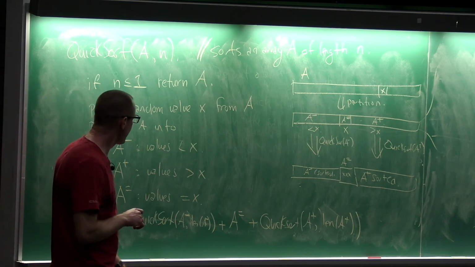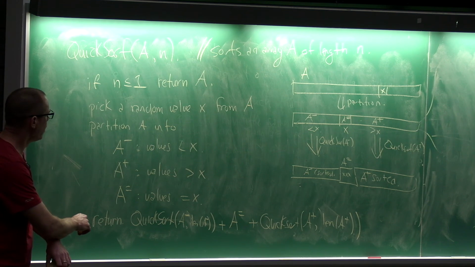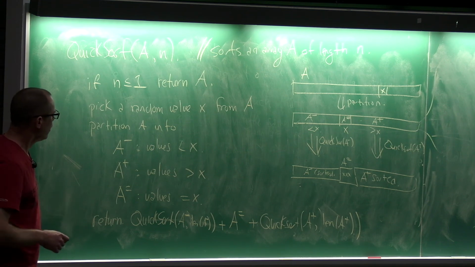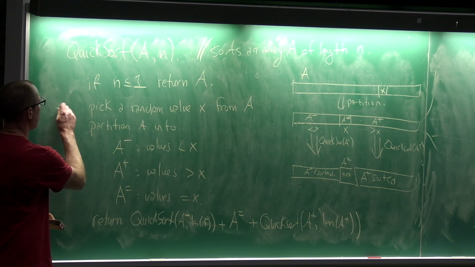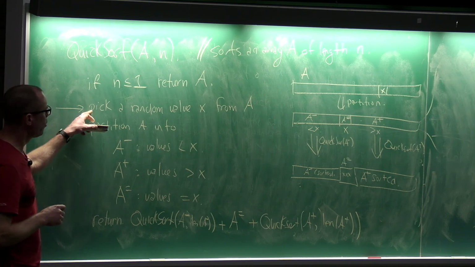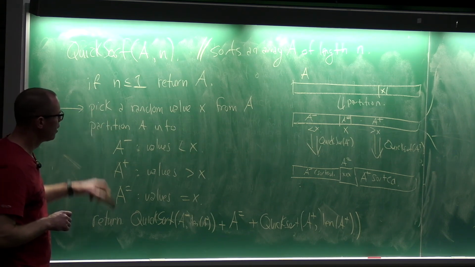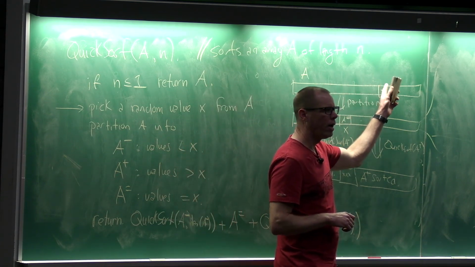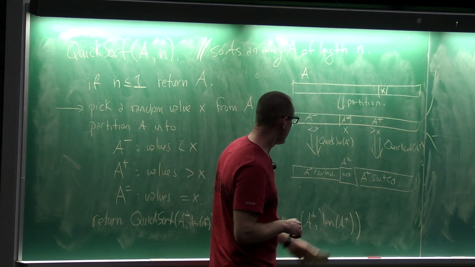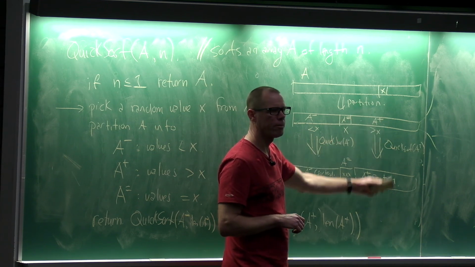So what's the sort of weird thing here, the thing that we don't really have control over, is this particular step here. We pick a random value x from A, so we just pick something at random from A, and then we partition to get these three parts.